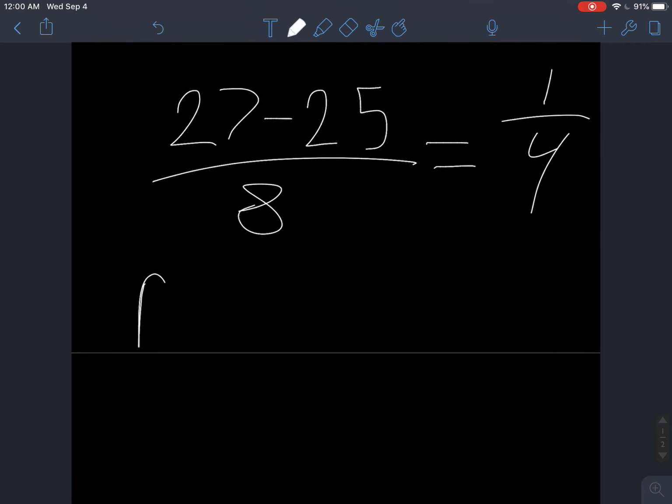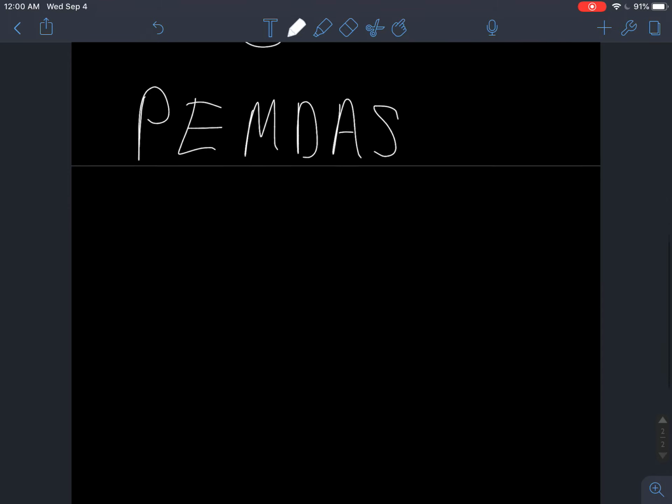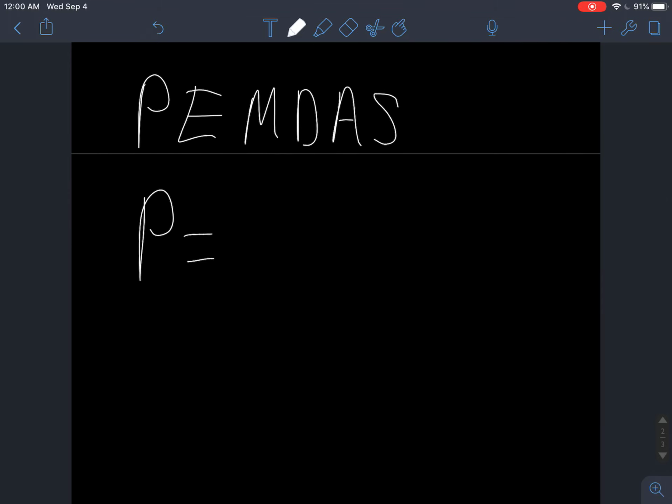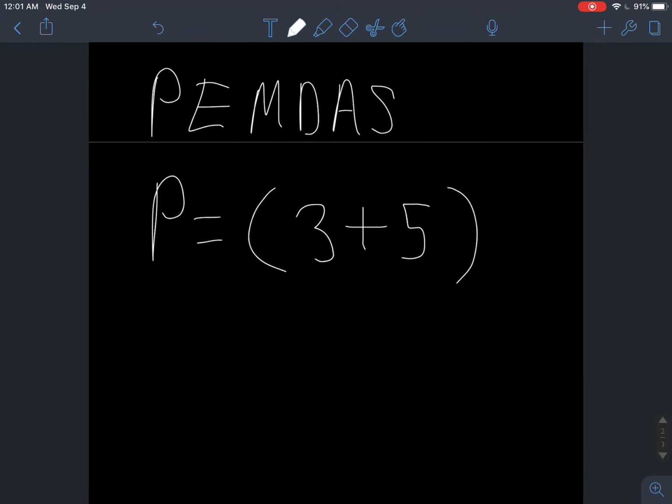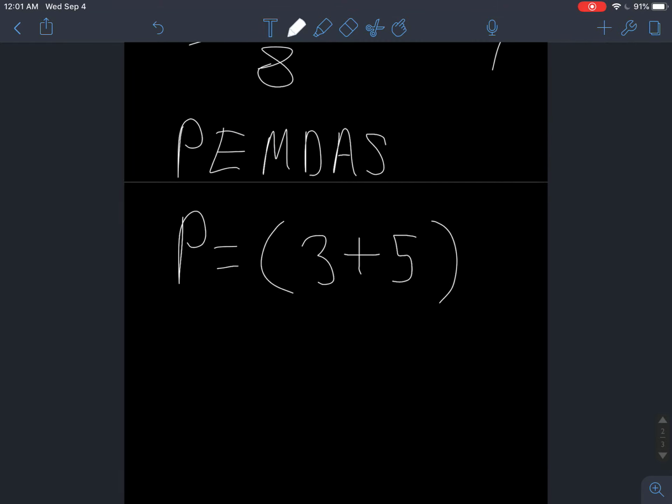You gotta remember this though. This is very important. I mean, you're gonna use this in everything. This is when you have parentheses, okay? So when you have something like this, and you have something inside like 3 plus 5, and here you have exponents. E is for the exponent, so like 3 to the second, plus 4 to the third.